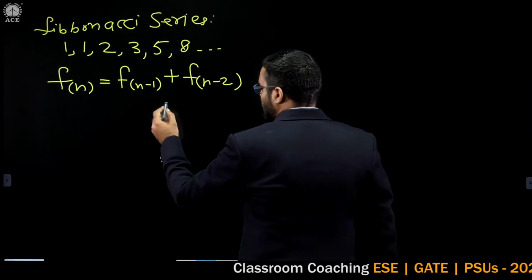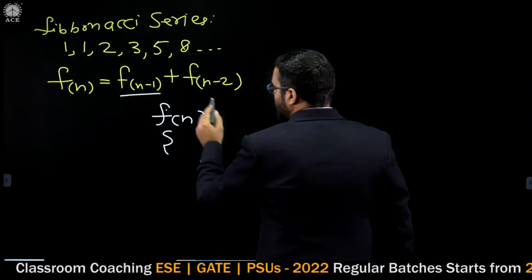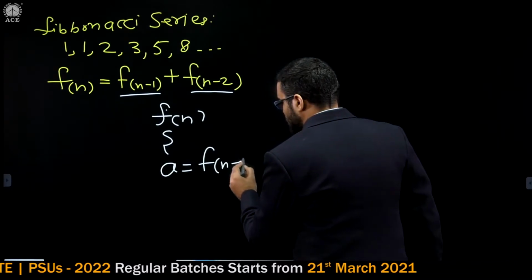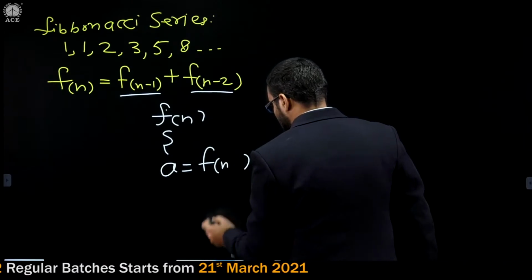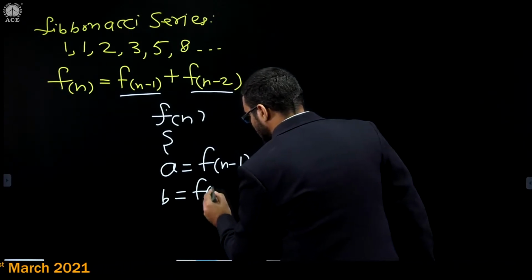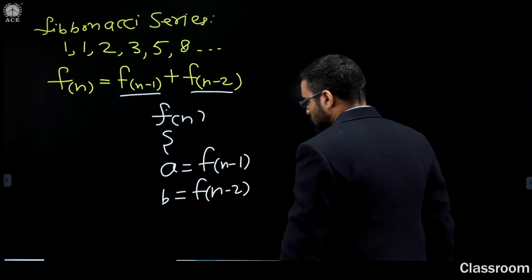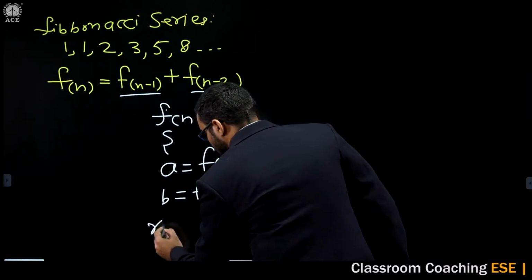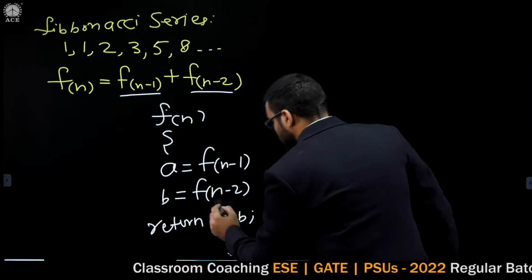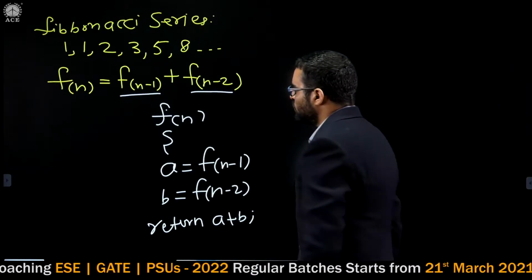So if I want to compute Fn, I will compute Fn minus 1 and save that value in variable A. I will compute Fn minus 2 and store the value in variable B. And finally I will return A plus B. So this is our program for computing the value of Fn.